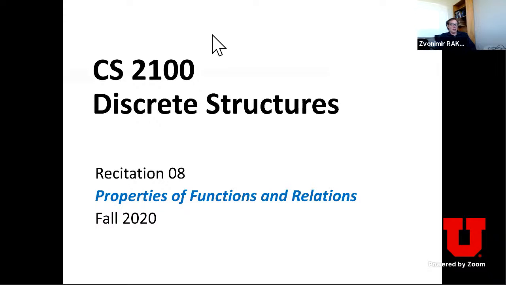And so she might solve a few more problems, but she also might go through them faster. So you can pick and choose which recitation suits you the best. And also they're all recorded. So you're more than welcome to quickly go through them after they're done and see if there are things in other recitations that you maybe missed. But we do cover everything that is needed for the quiz. Okay, so let's get it started.